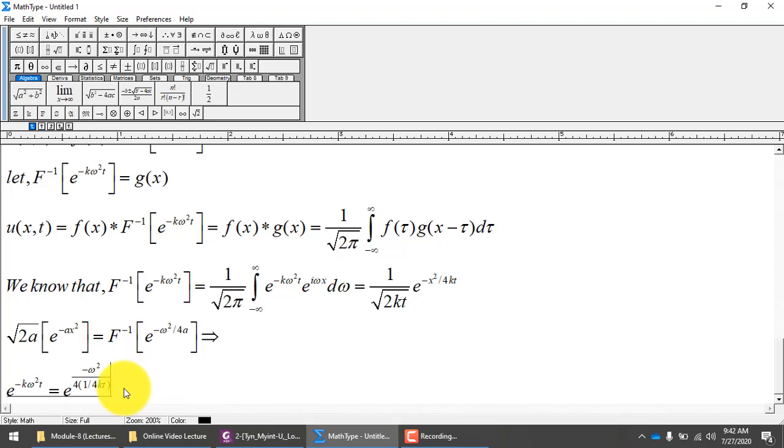So concluding the remarks, what will be the Fourier inverse of this thing?